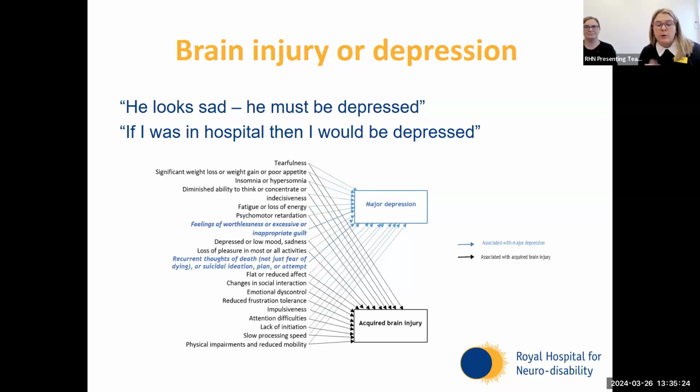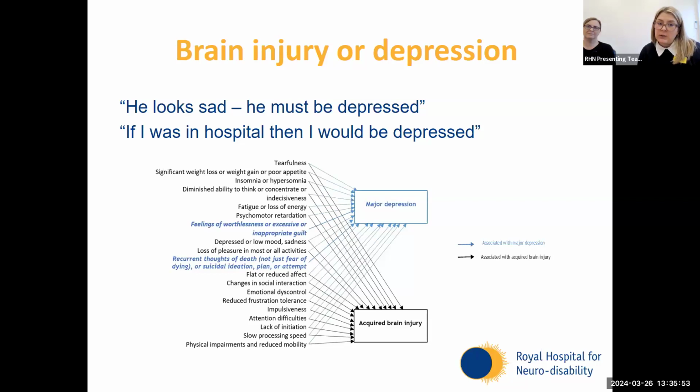So the graph that I created there shows you a list of symptoms of acquired brain injury, and the blue ones are the only ones that are associated only with major depression. So all the other ones could also be associated with major depression. So if we think about tearfulness, weight loss, insomnia, changes in concentration and fatigue, things like that are all associated both with brain injury and major depression.